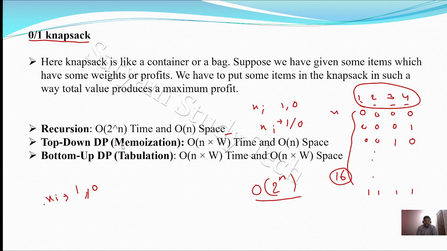If a problem is a maximization or minimization problem, you can use the dynamic programming approach. It takes a sequence of decisions: if you consider this object you get that profit, and if you consider these two objects you get that profit. So at each and every step you take a decision, and dynamic programming can be used in this case.